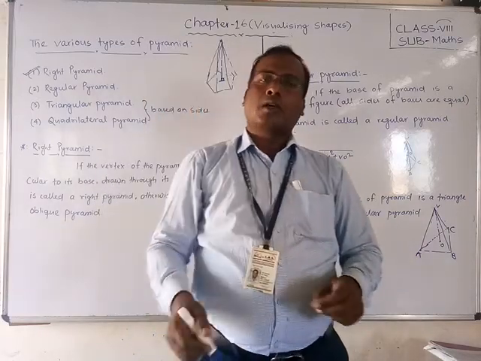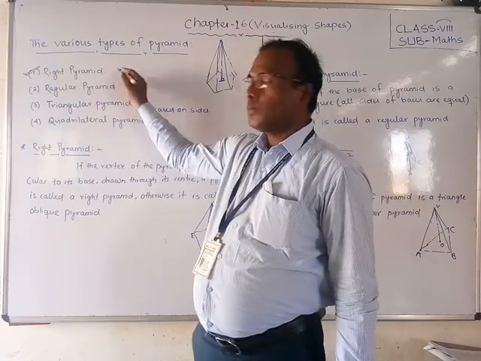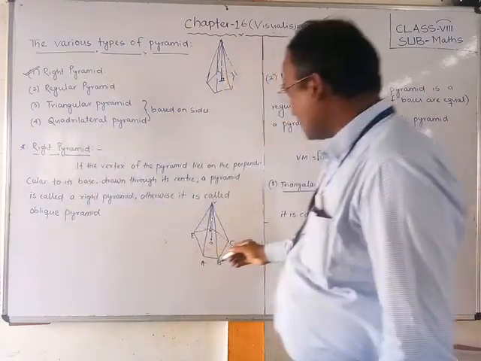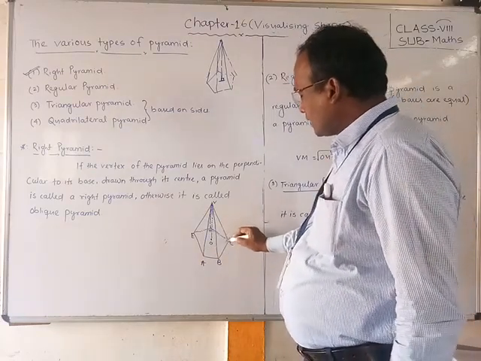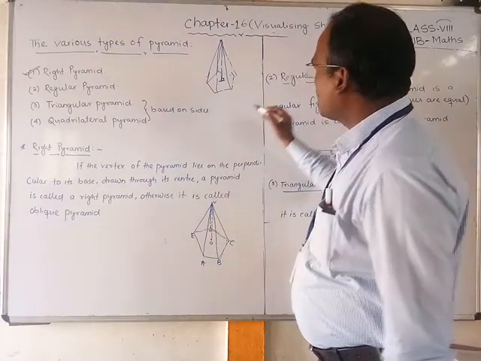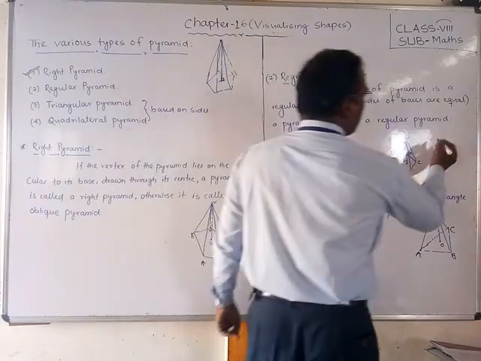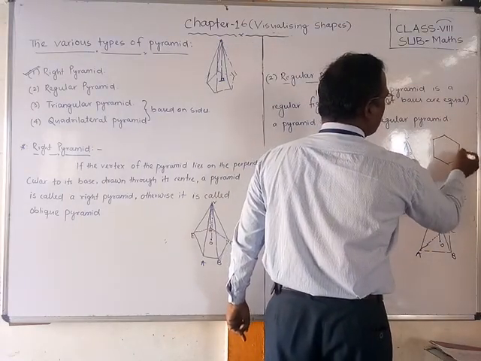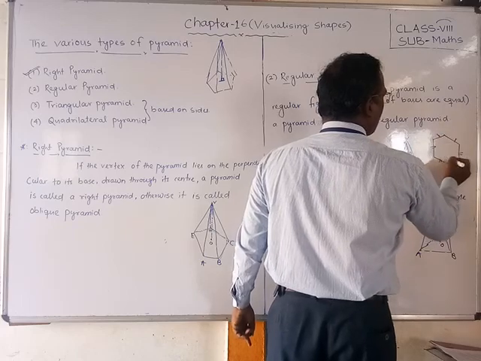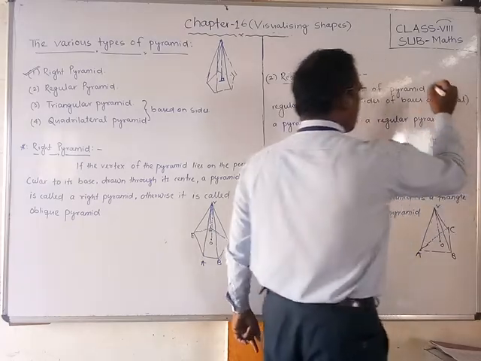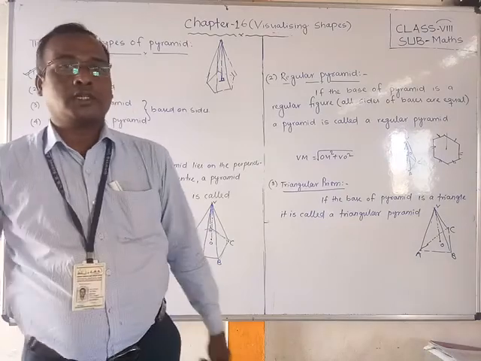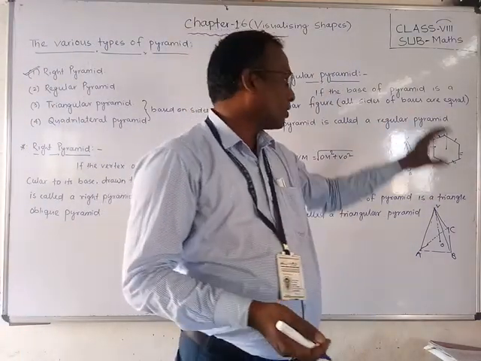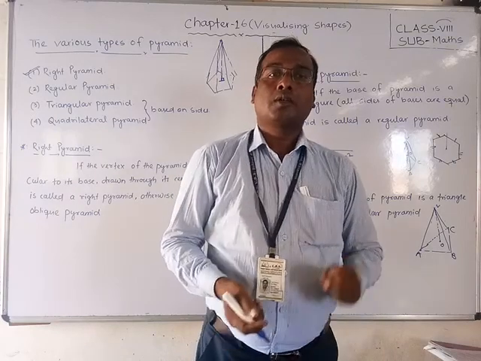That is also like a right pyramid, but if the sides are not equal, where one is big and another small, it is not regular. For a regular pentagon or hexagon all sides should be equal, and from the center if you draw a perpendicular to the vertex, such a solid figure or pyramid is called what is that?